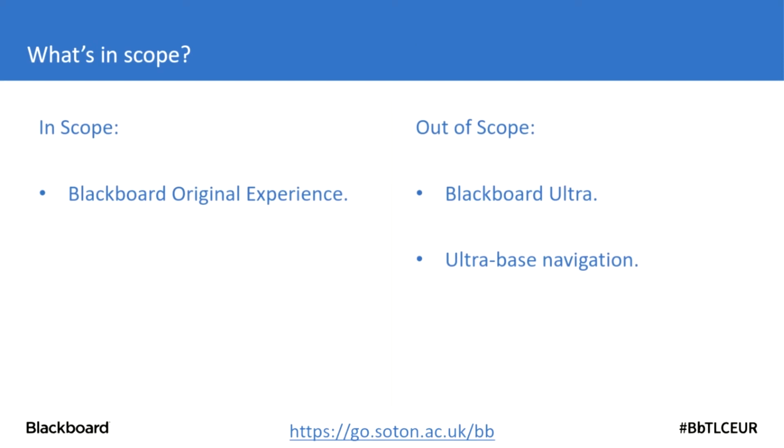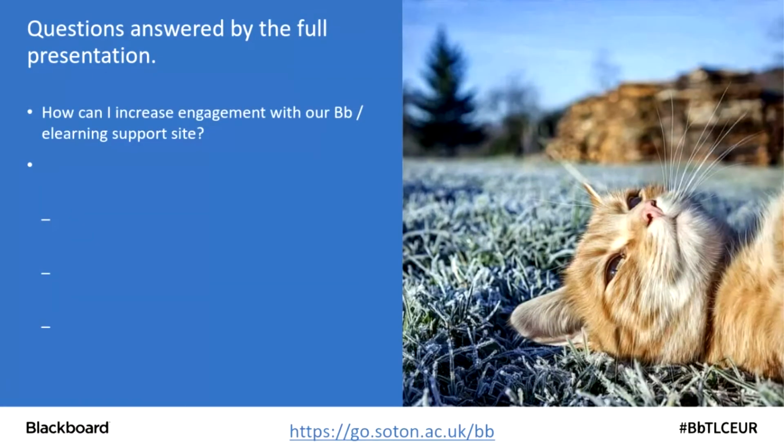In terms of what's in scope of this presentation, it's all about the Blackboard original experience, whether you are local hosted, managed hosted, or on SaaS. But what's out of scope is Blackboard Ultra and Ultra-based navigation. And the questions that are answered by the full version of the presentation are, how can I increase engagement with our Blackboard or our e-learning support site?